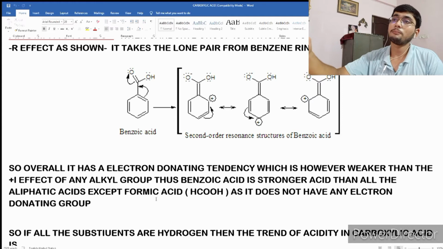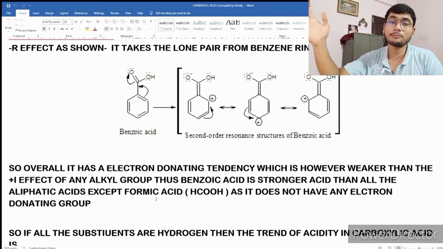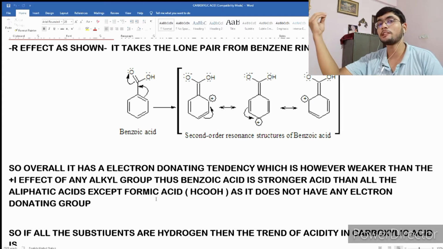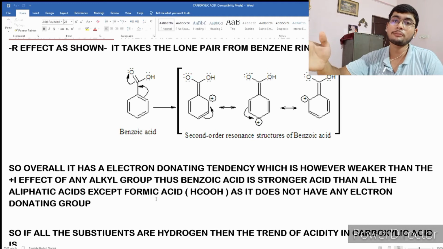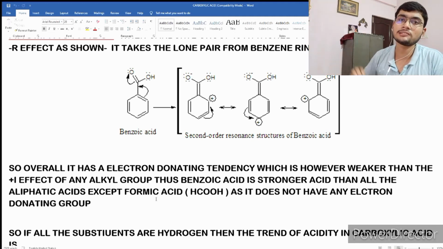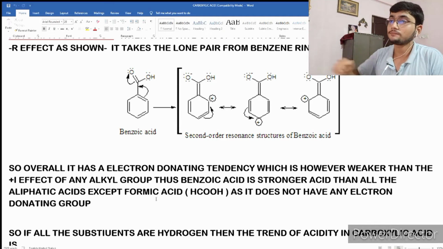So in the case of benzoic acid, the conjugate base is getting destabilized, and in the case of aliphatic acid also it is getting destabilized, but in the case of formic acid it is neither getting destabilized nor stabilized. So that's why formic acid is an even stronger acid than benzoic acid.